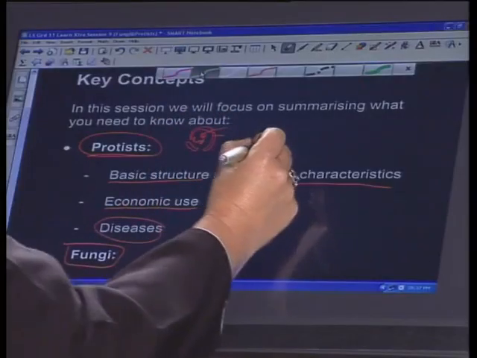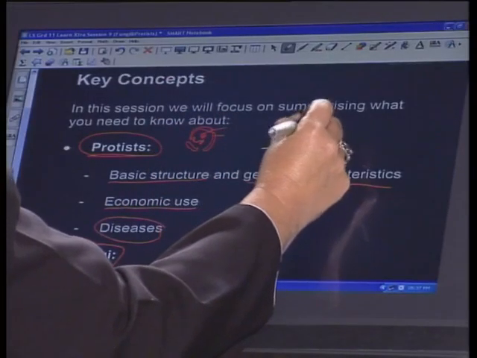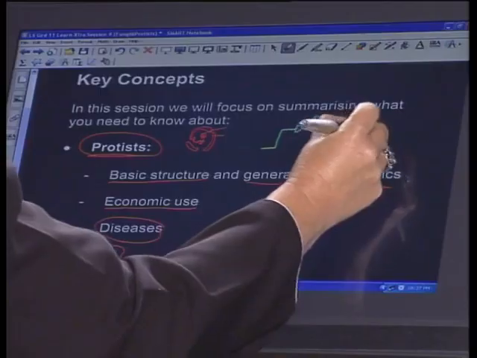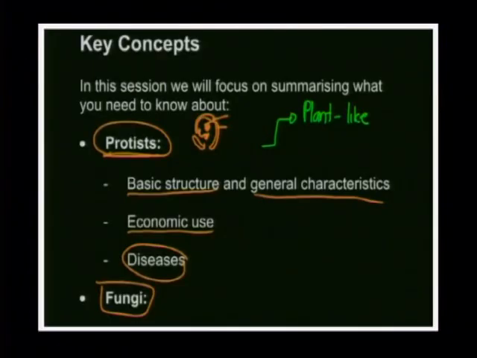They seem to be split into almost two distinct groups contained under the heading protists, in that some of the protists tend to show more plant-like characteristics. Others of the protists tend to show more animal-like features.